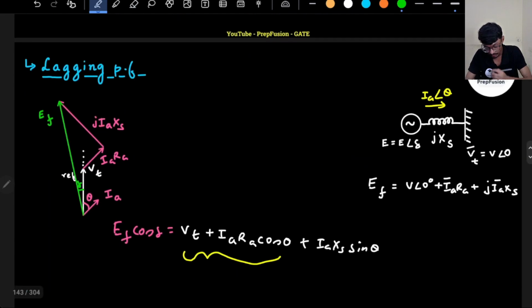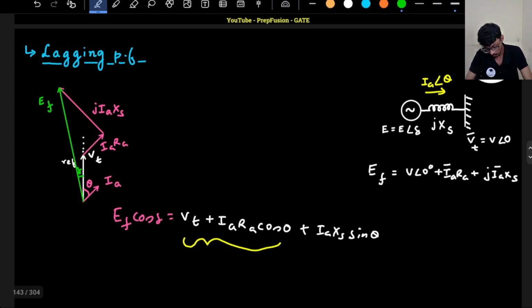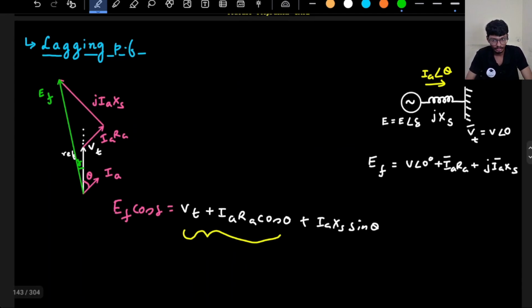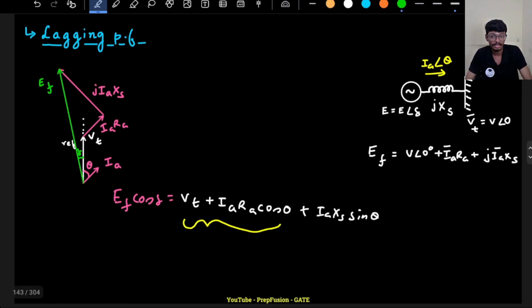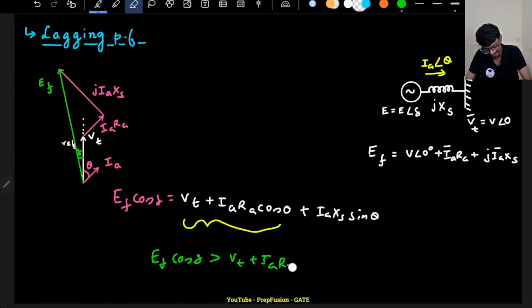Okay. Here for a lagging power factor load, what can I call it? For a lagging load, I have to do over excitation, because my EF, I have to provide more excitation to get the same voltage. So if my EF cos delta is greater than Vt plus IRA cos theta, also you can comment about the excitation, because it is lagging load, of course it will be over excited, right?